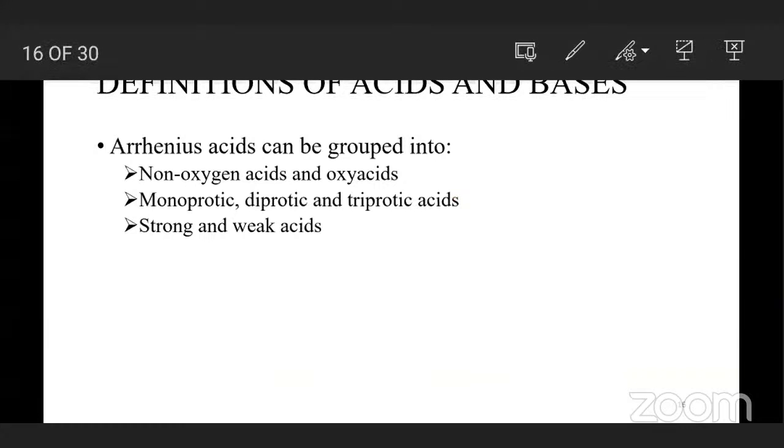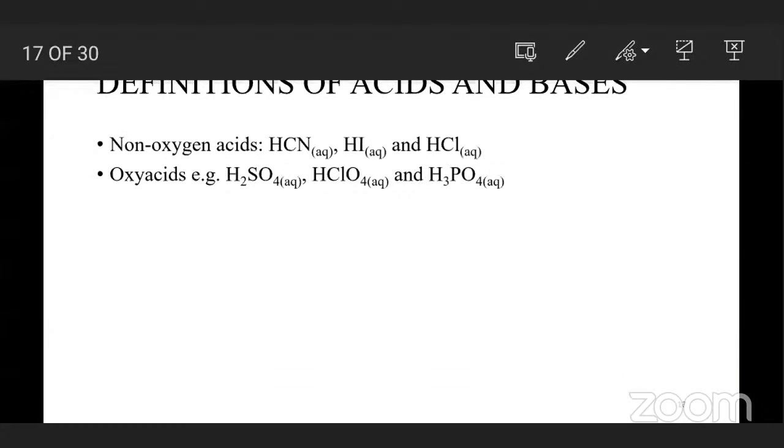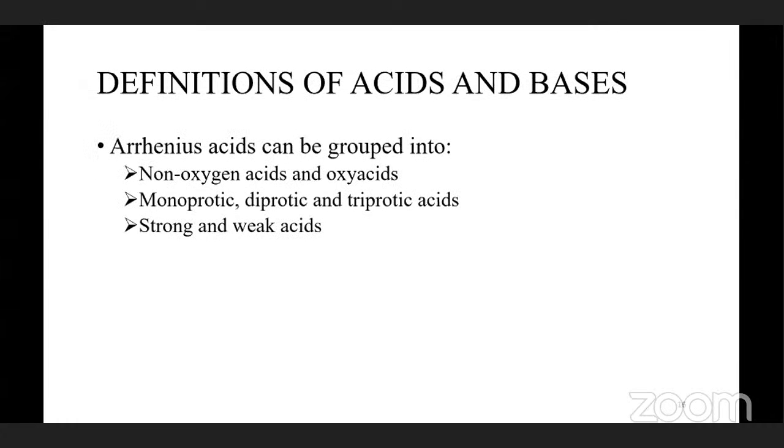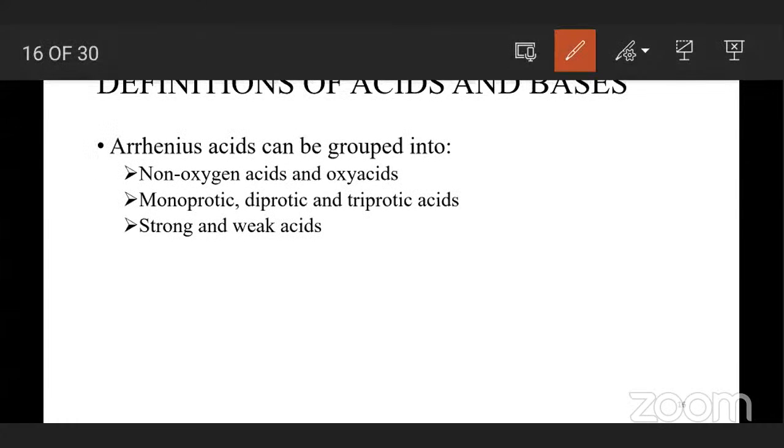Since we already know the definition of an acid according to Arrhenius, that an acid is a compound that can dissociate in water to give us hydrogen ions, we can now group Arrhenius acids broadly into 3. We can group them based on whether they have oxygen or not, and whether they have one, two, or three ionizable protons.